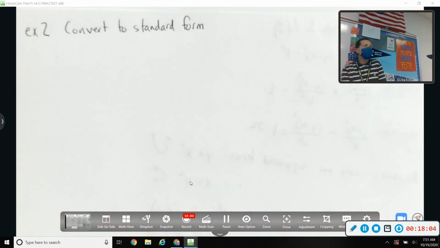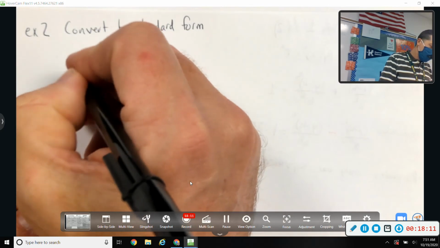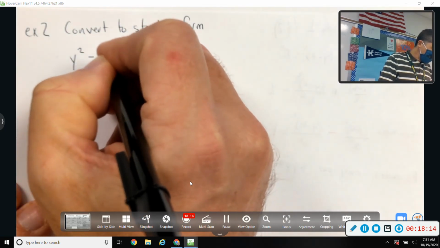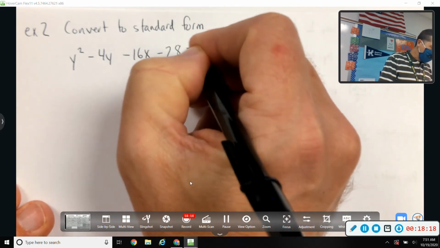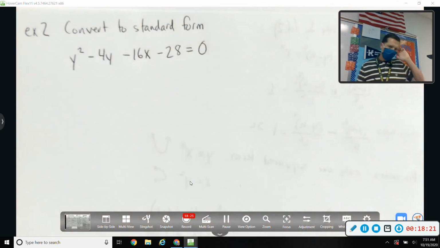So we've been used to doing this with hyperbolas and ellipses and circles. y squared minus 4y minus 16x minus 28 equals 0. Okay, so only one term is squared. That means it's a parabola. y squared means it's left and right. That's not really what I care about right now.